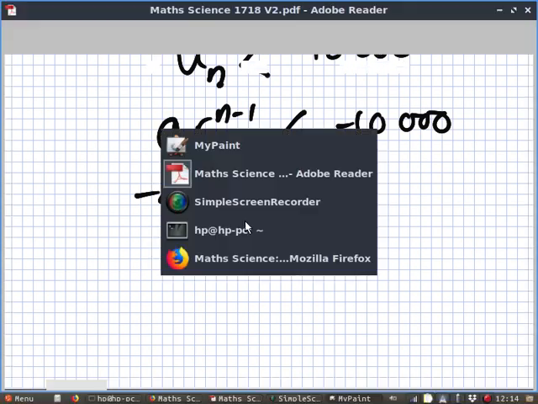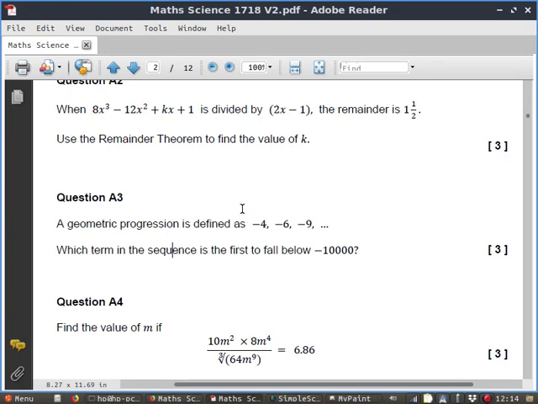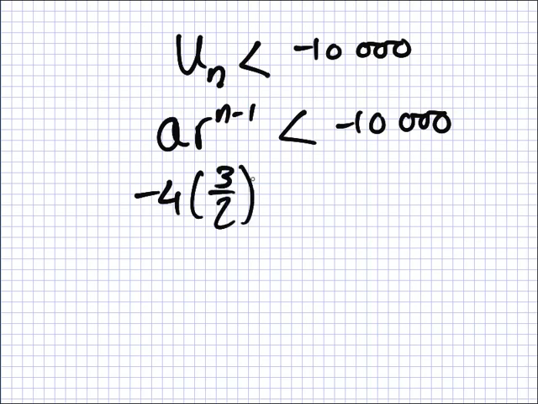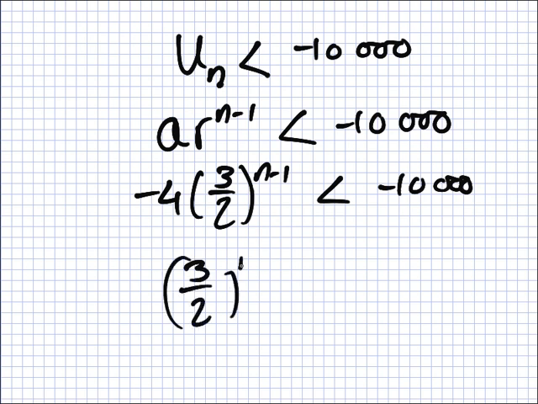And the r? Yeah, 1.5, 3 over 2. Now, what I'll do, I don't like the minus, so I'll divide both sides by minus 4. So I'll get 3 over 2 to the power n minus 1 more than 2,500. Yeah? Right?